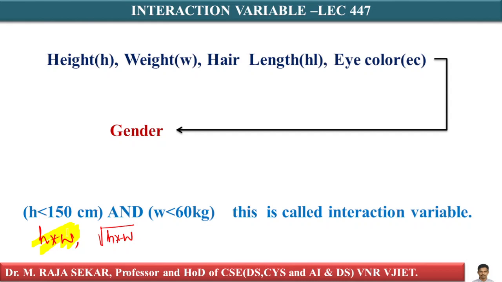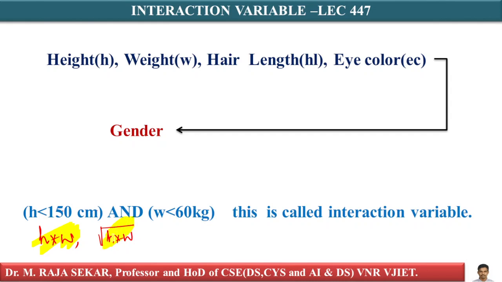The right featurization of the right combinations is very problem specific. Combining two features with thresholds and logical operations may be useful in some scenarios, something like h into w, or it can be any mathematical operation, like the square root of h into w.